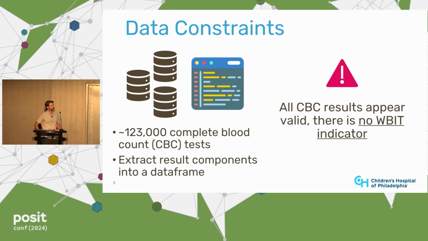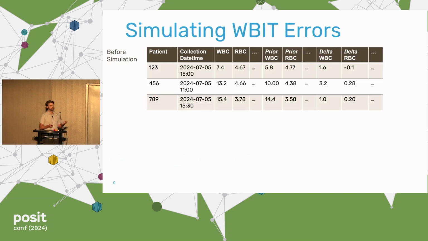And so we turn to a methodology in the literature that other researchers have used, which is to simulate how a WBIT error might occur in practice. And before I walk through that, I want to orient everybody to what our data set really looked like. So before our simulation, we had, in this fake data set here, columns for patient ID and when the collection was taken, so when the specimens were taken.